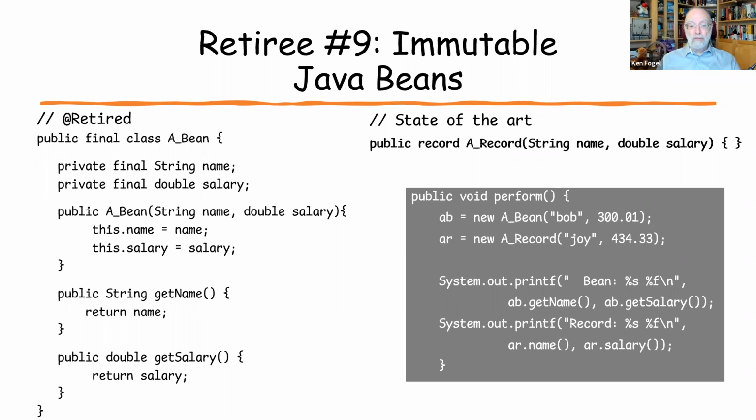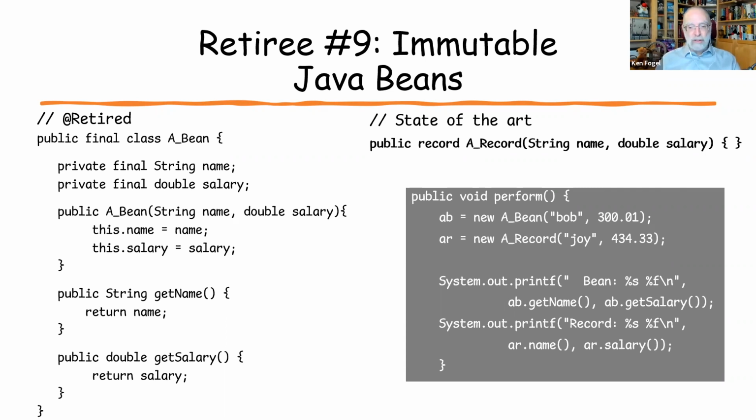In my little block of code, we can see how we use the two approaches, the retired and the current. AB equals new a bean, AR equals new a record. Nothing fancy there. The only little difference, of course, is records don't use the prefix get.